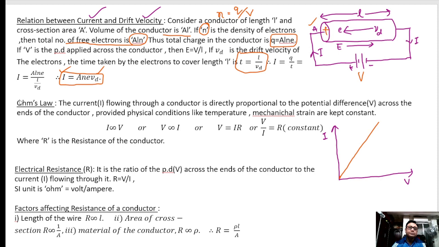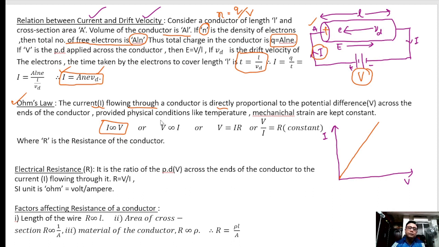Next is Ohm's law. The current flowing through a conductor is directly proportional to the potential difference applied. The more the potential difference applied, the more the current flowing.